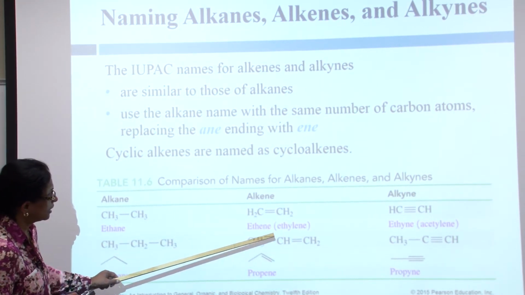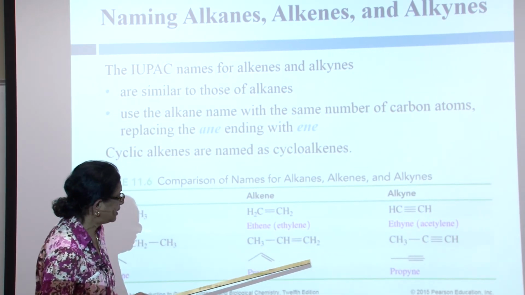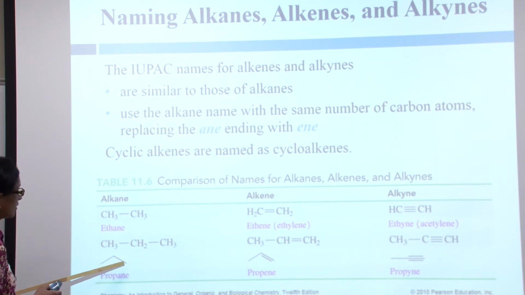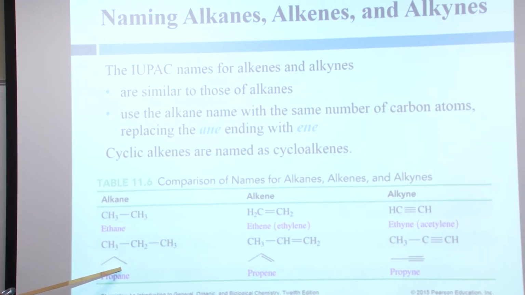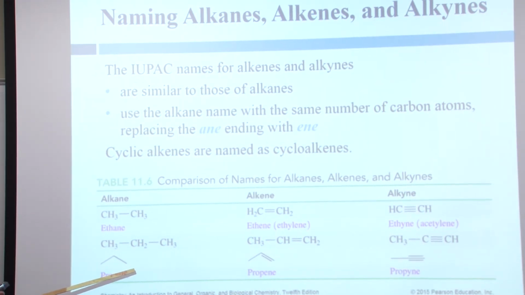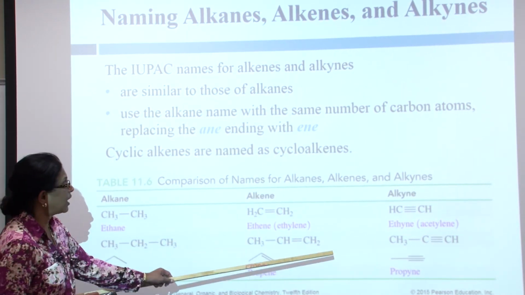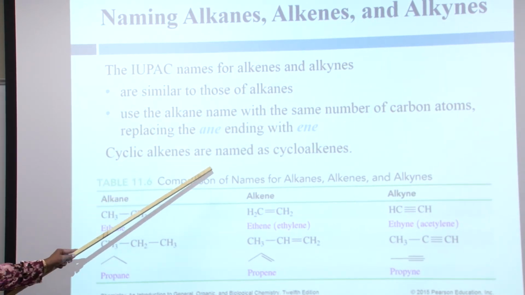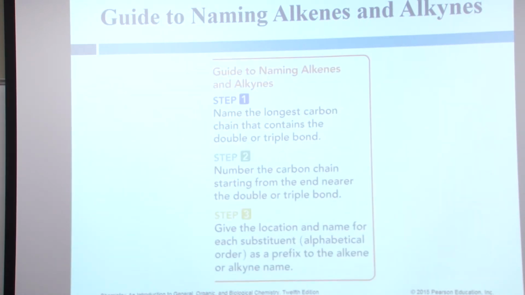Propene, propyne. And these are your skeletal structures of the 3 hydrocarbons here. The category is alkanes. ANE, ENE, YNE. So cyclic alkenes are cycloalkenes.